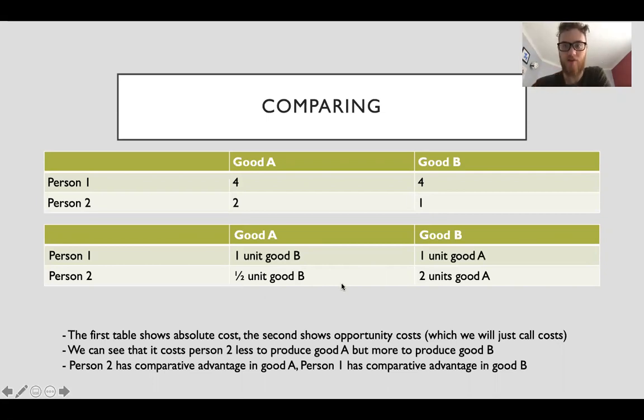So every 1 unit of good A is half a unit of good B. But every 1 unit of good B costs person two 2 hours that could have been used towards making good A. So we can see that it costs person two less to produce good A by opportunity cost, but it costs them more to produce good B. So person two has the comparative advantage in good A because of their lower opportunity cost, and person one has the comparative advantage in good B.